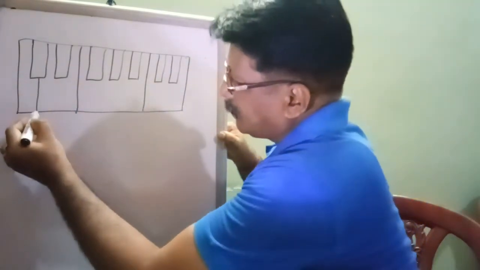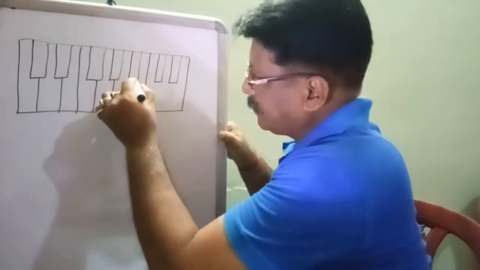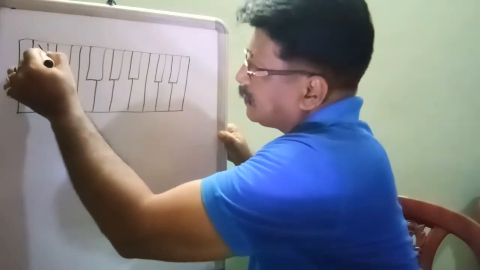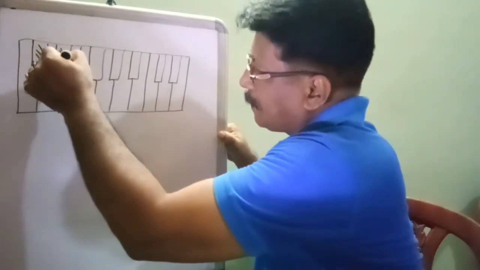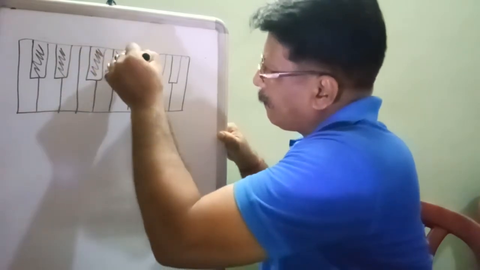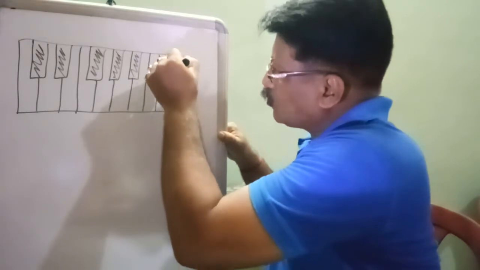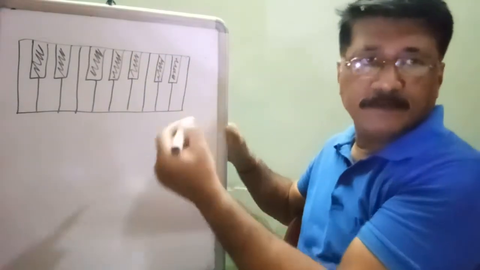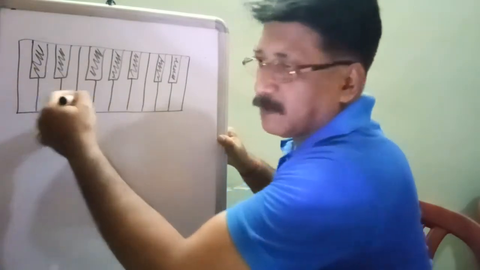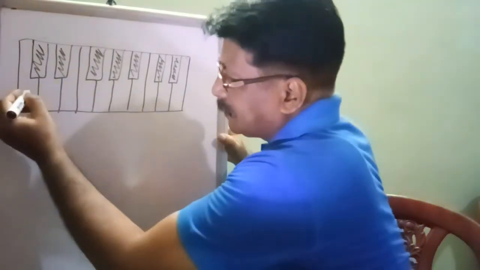Now you see there are white keys and black keys. These are the black keys. And this is the arrangement of the keys: 2 black keys, 3 black keys, 2 black keys, 3 black keys. Before the very first note of the 2 black keys is C.